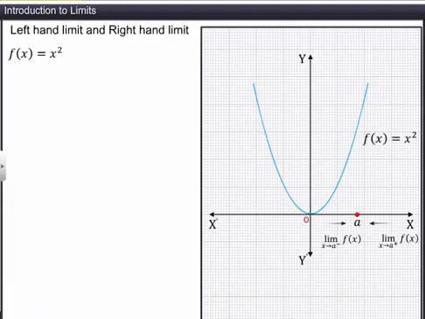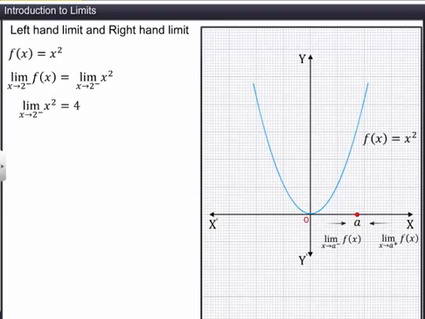For the function x squared, we will see what the left-hand limit and the right-hand limit are. The left-hand limit is as shown. On the left of the point 2, the value of the function is x squared. The value of the left-hand limit is equal to 4.